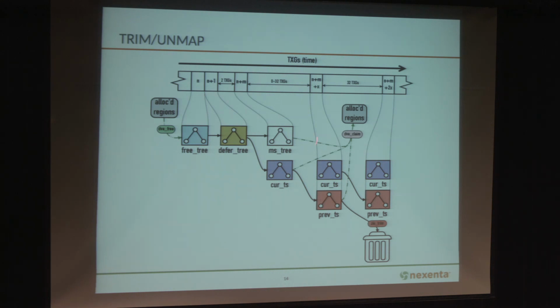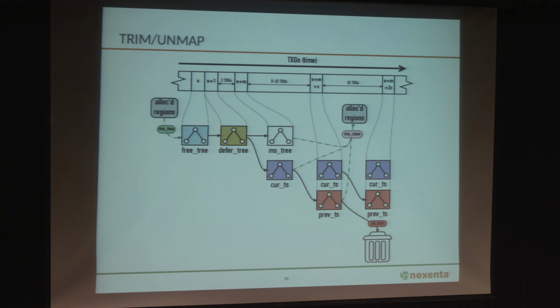At any point during this time while it's being aged out, you can get an allocation out of the main tree, and that automatically also pulls the extent away from the extents that are to be destroyed. So once a certain amount of time has passed, we swap it from the current trim set over to the previous trim set. And the previous trim set also sits idle for a little bit longer, usually 32 transactions.